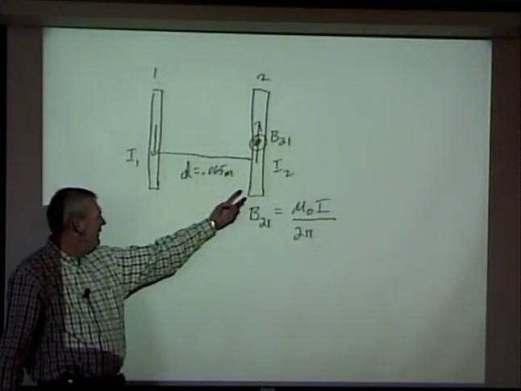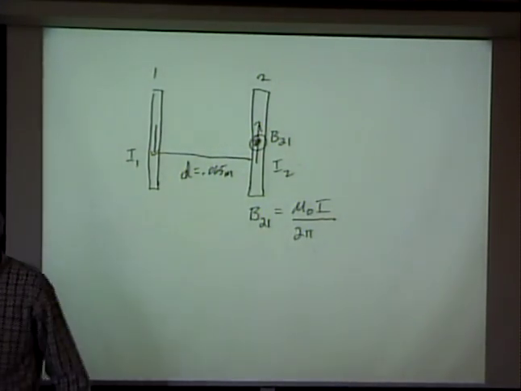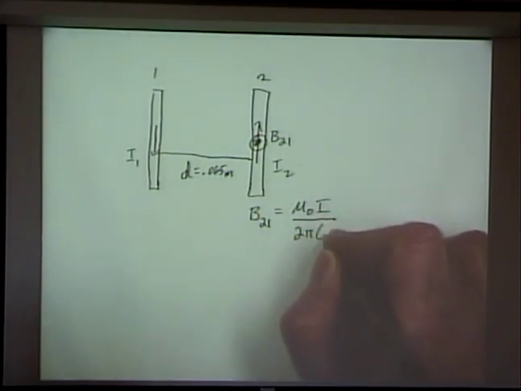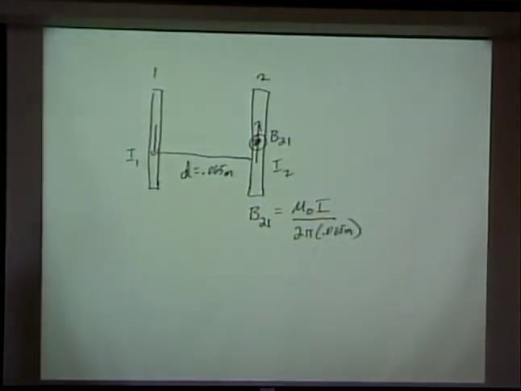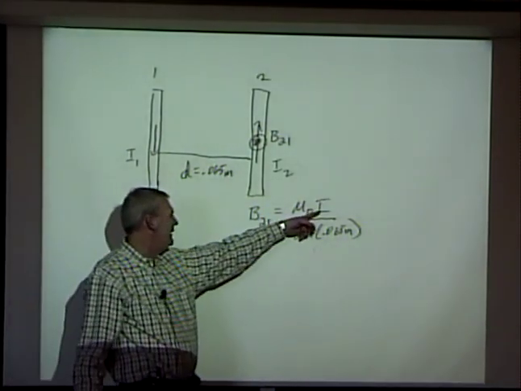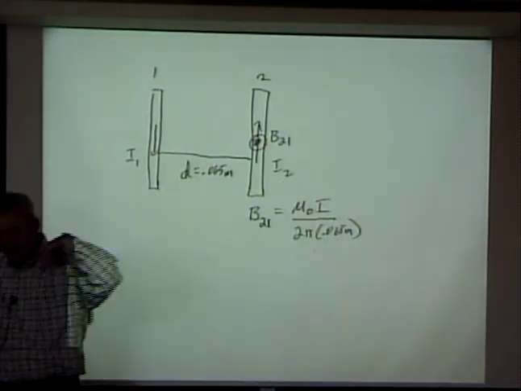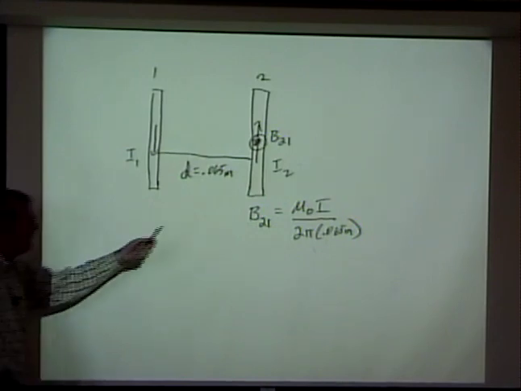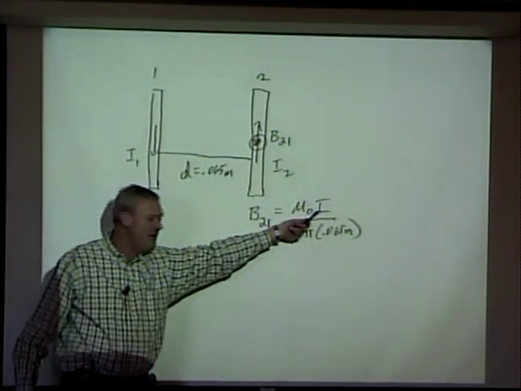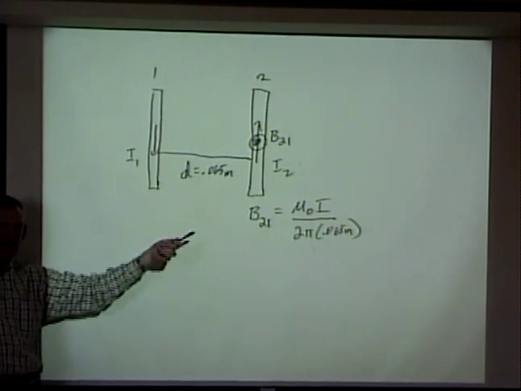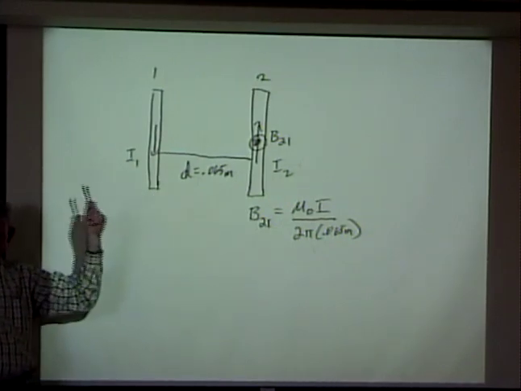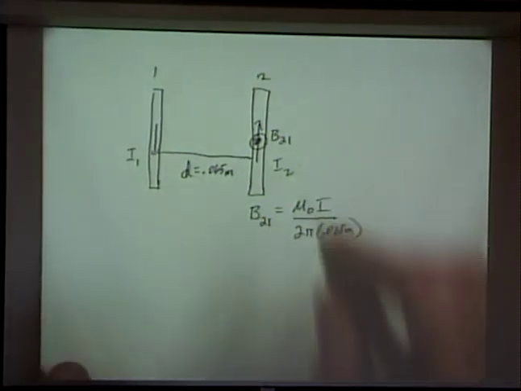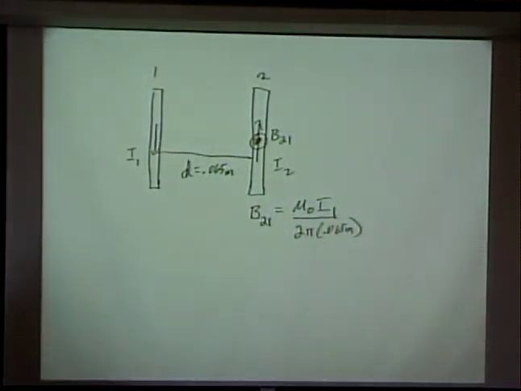So that's the distance, over 2 pi times 0.065 meters. Now, which current do I put in here, I2 or I1? For this magnetic field, which current created that magnetic field? I1. Very good. I1 created that magnetic field.